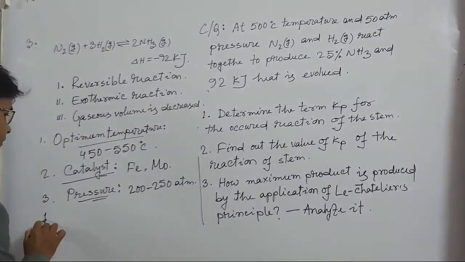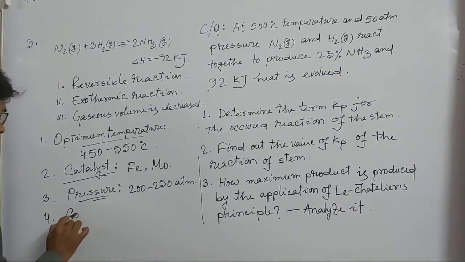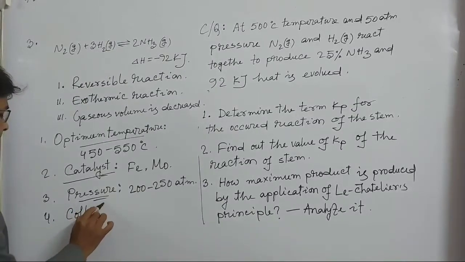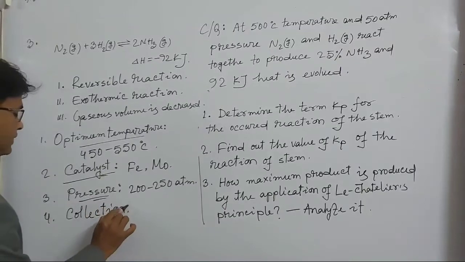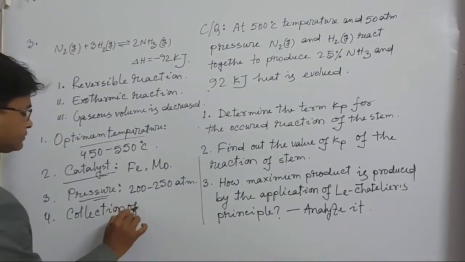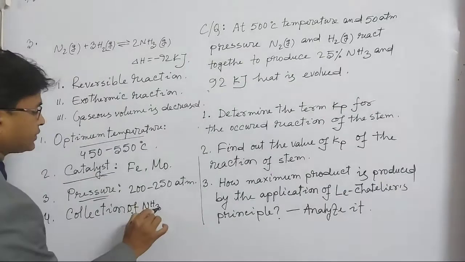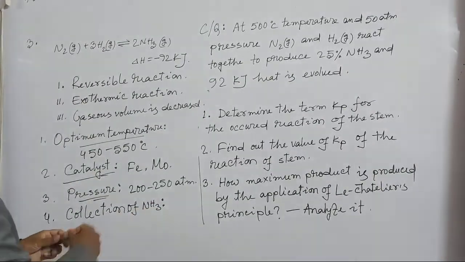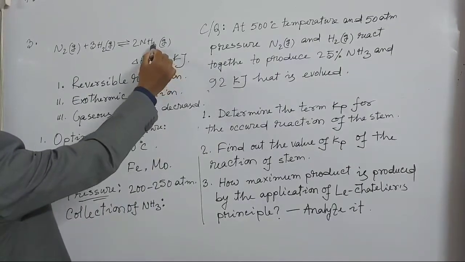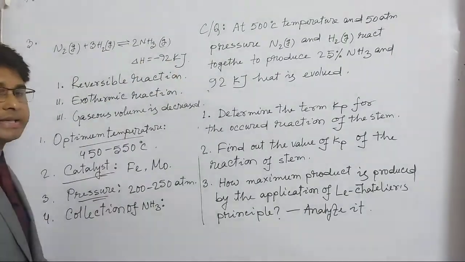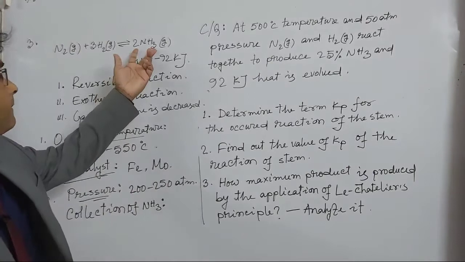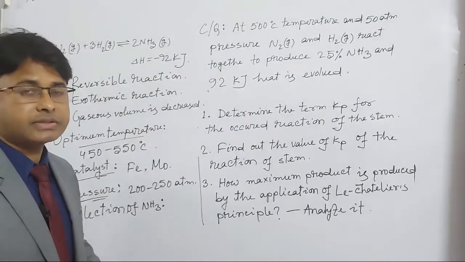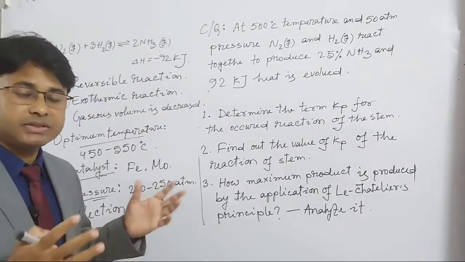And number 4, collection of ammonia. After production of maximum ammonia, the equilibrium will go backward. In that case, the product ammonia will be decreased.